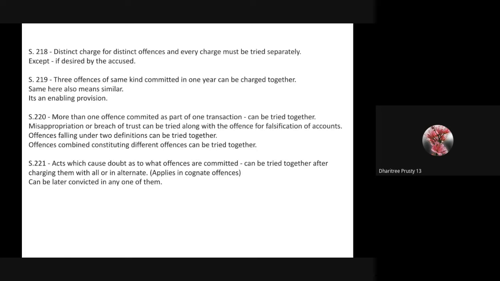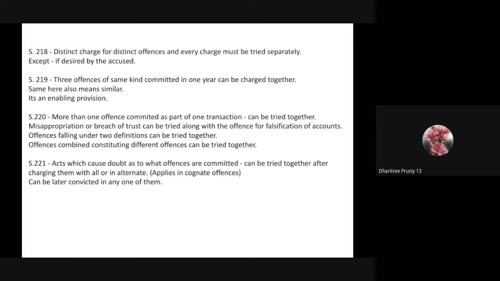If this is the same transaction, even if more than one offense has been committed, such offenses can be tried together. Another thing given here is that if there is a misappropriation of property or a breach of trust, then they can be tried along with the offense of falsification of accounts, because these are analogous, cognate offenses, as I call them. Cognate means offenses of similar kind, which should be tried together for the sake of convenience.